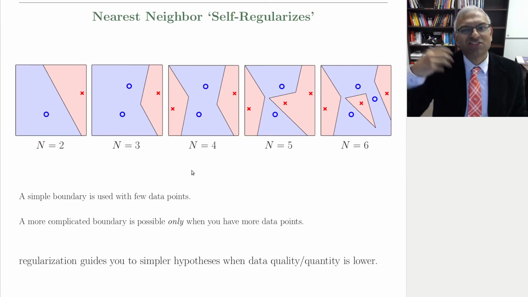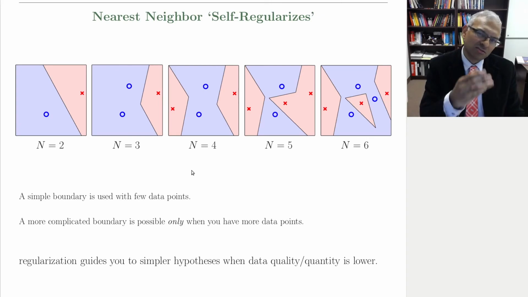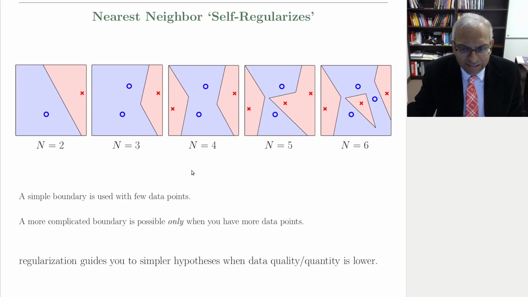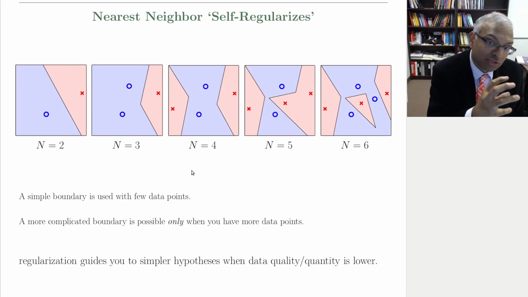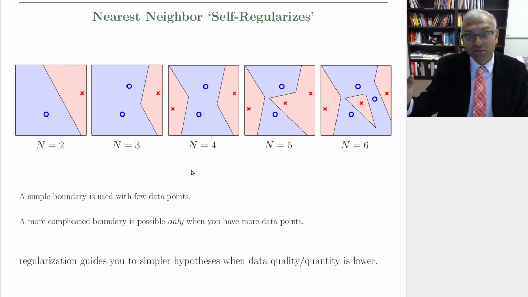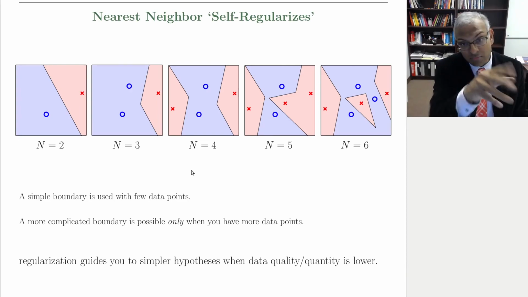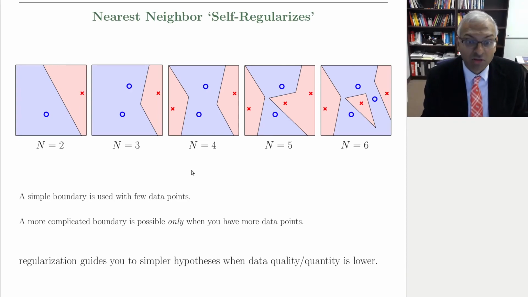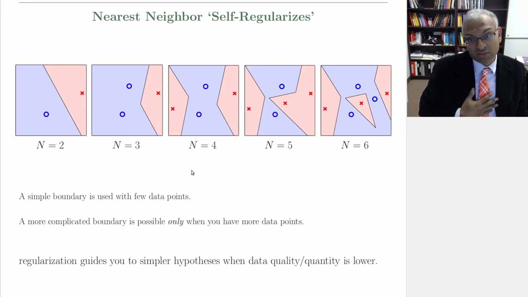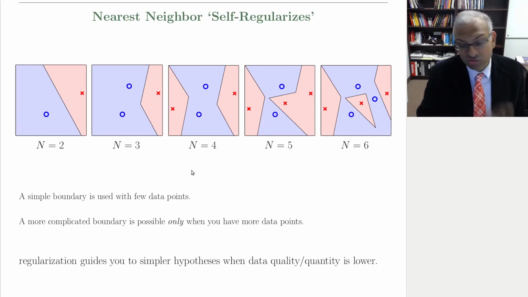It becomes less regularized, in some sense. Some people say that the nearest neighbor algorithm is self-regularizing. It only allows more complexity as you get more and more data, and as you have fewer data points, it's using a simpler and simpler boundary. That's basically what regularization does. So in some sense, nearest neighbor self-regularizes, and that's how we can get good out-of-sample error. We won't know what the out-of-sample error is, but we know it's good, at most a factor of 2 from optimal.